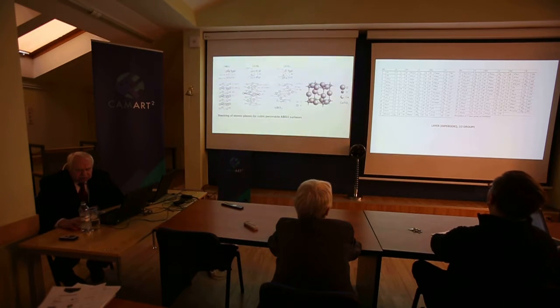It is an unpleasant table, but it's very simple. I'll explain. What is a layer or diperiodic group? As I already told you, this is a group where you have a three-dimensional object, this slab, but only two translations in two directions. The third translation is absent.